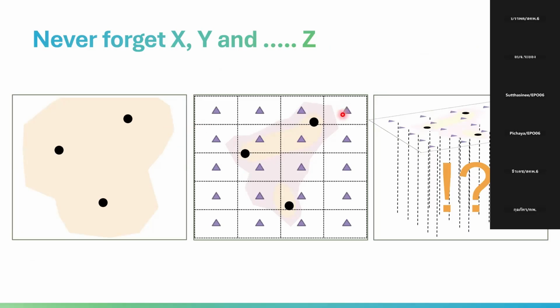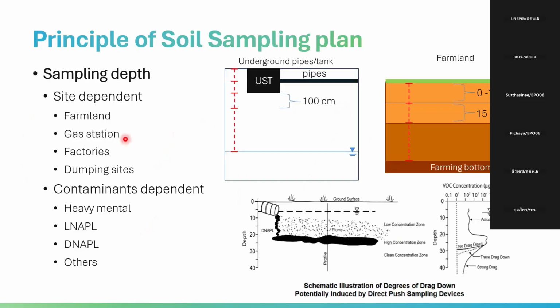So when you touch the sampling plan and want to take a sample, you should consider the land use situation. For example, for farmland, most of the contaminant comes from the top surface. So the water goes in, and you can take a 30 centimeter sample and try to figure out what happened here.